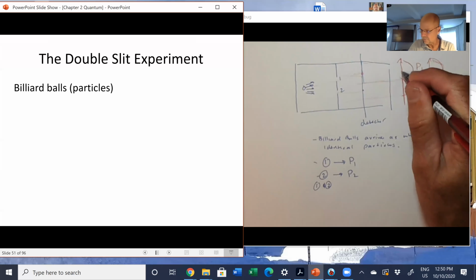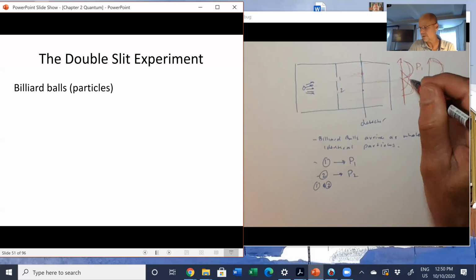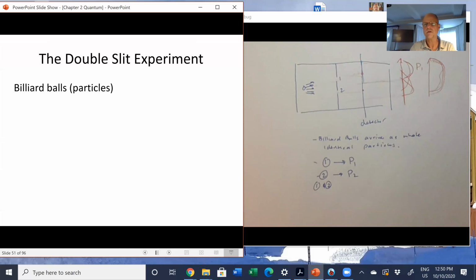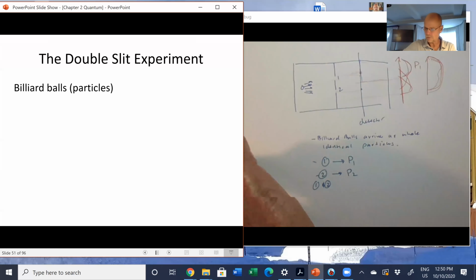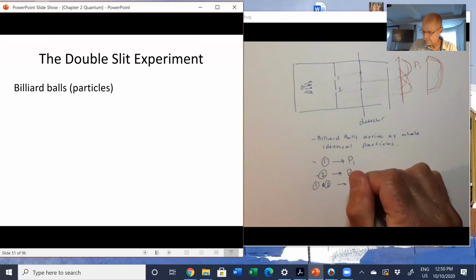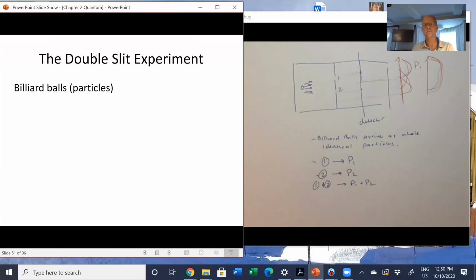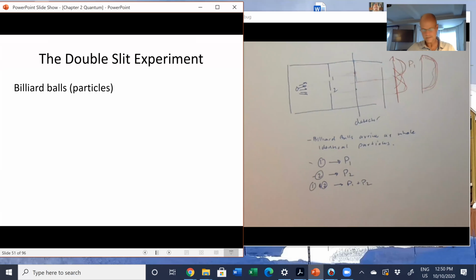These should overlap a little more. So they add together here, and you get the sum of those two. So you open holes 1 and 2, and you get P1 plus P2. Does that make sense?